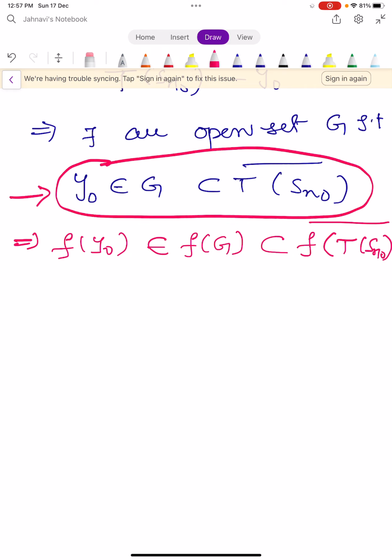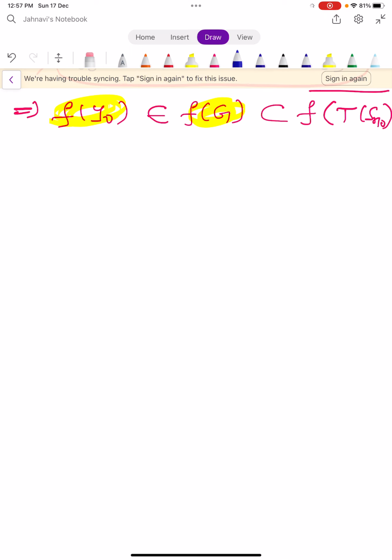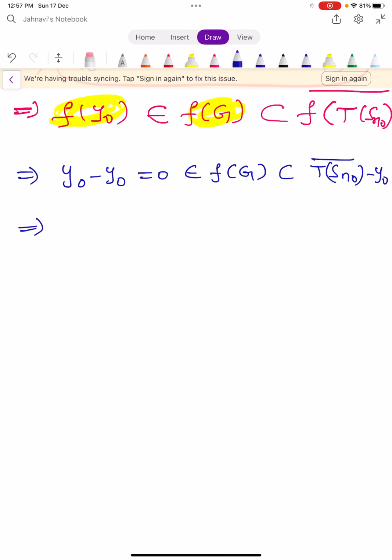In the first case we wrote y naught belongs to G subset of T(S_n0 bar); here we write the images: f(y naught) instead of y naught, and f(G) instead of G. This implies y naught minus y naught, which is 0, belongs to f(G), and this f(G) is a subset of T(S_n0 bar) minus y naught.